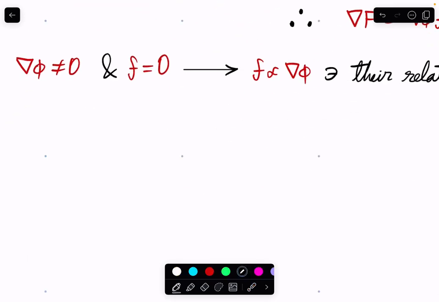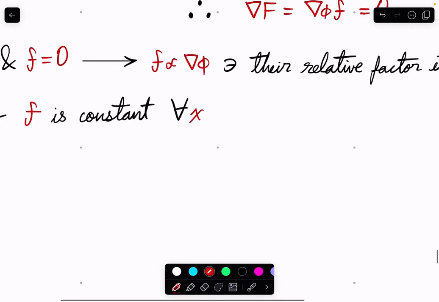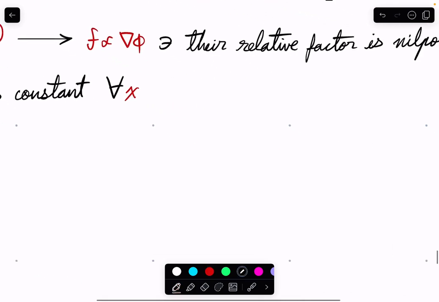Well, because f is constant for all positions, x, that means that this change in phi must be 0 too.